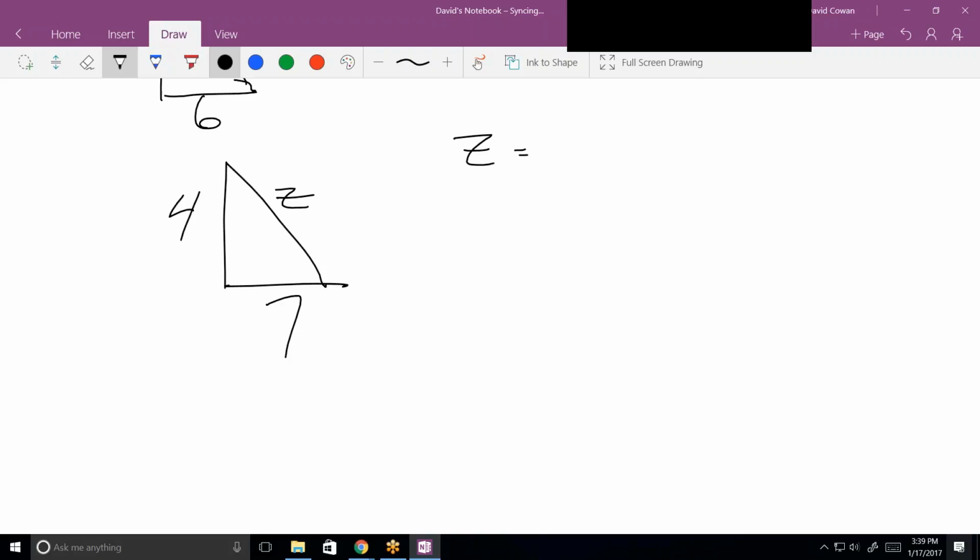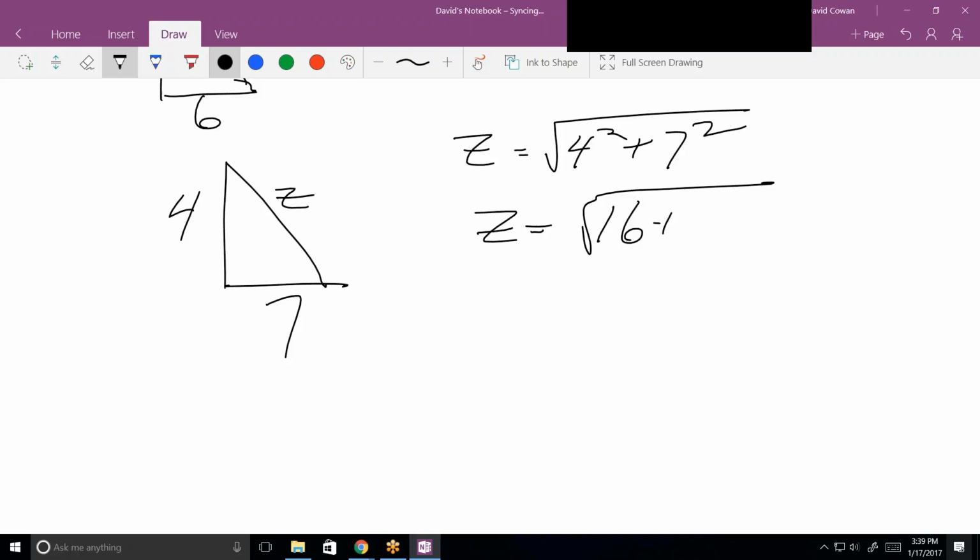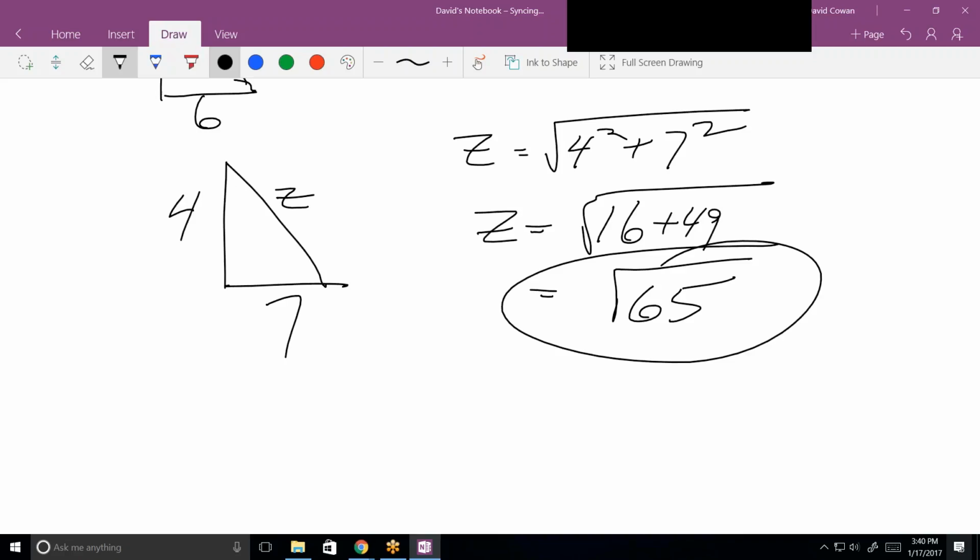It would be the square root of 4 squared plus 7 squared equals z. That's all I want. Well, let's do a little bit more. So that's 16 plus 49, equals the square root of 65, and that is simplified. That cannot be simplified any further.